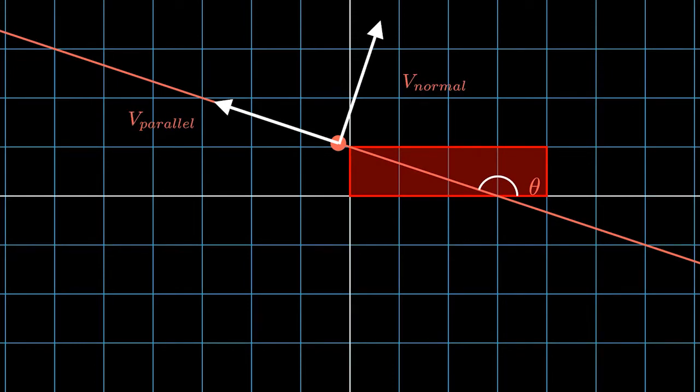These are the two vectors, that is parallel and perpendicular to the angle theta line. We know what transformation tensors, or the strain tensor and stress tensor, represent. So we can use those strain tensors and change the reference axis to V normal and V parallel, and thereby get a new tensor that would be applicable to that, and that would give us the strain and the stress that is parallel and perpendicular to the line.